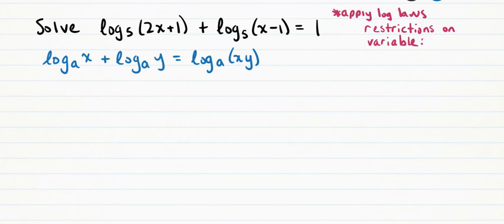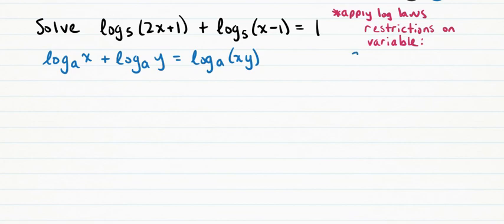Now, before we get started with solving this equation, we notice here that the unknown value is in the argument of the logarithms. So in other words, the unknown value of x is in the brackets of what we're taking the logarithm of. So there are going to be restrictions on this variable x. We know that we cannot take the logarithm of 0, and we cannot take the logarithm of a negative number.